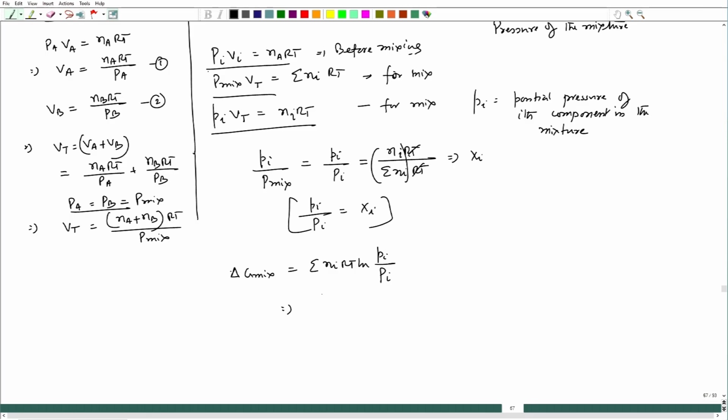So, from there we are getting X_i, okay. And here we can write this because capital P_i equal to P mix. So, we are getting this formula.